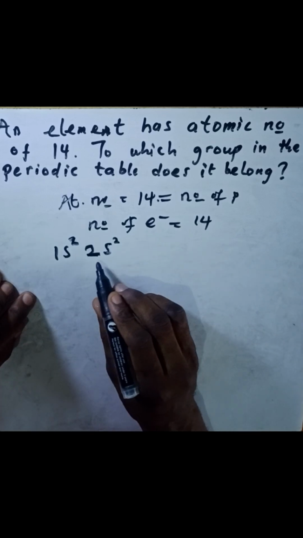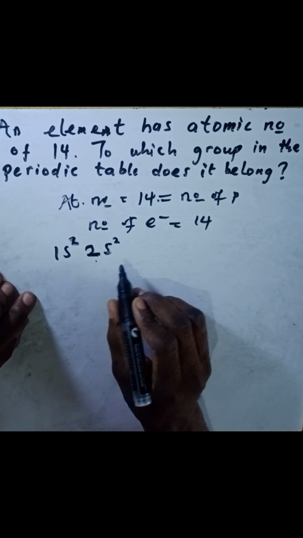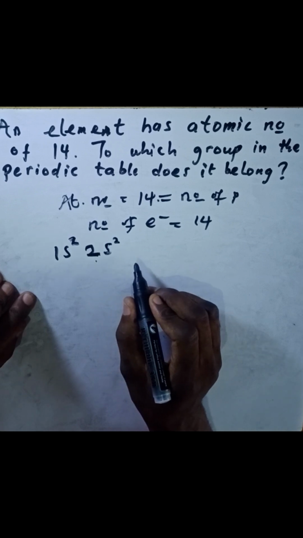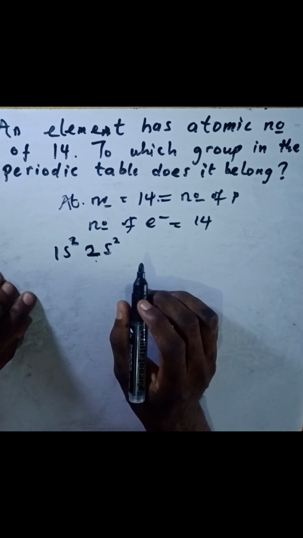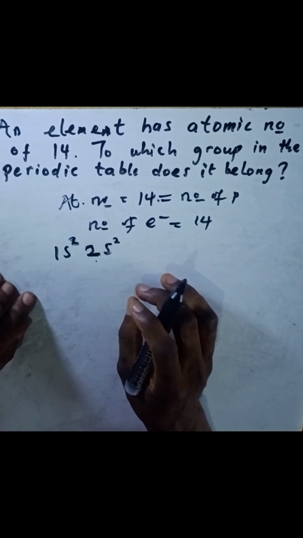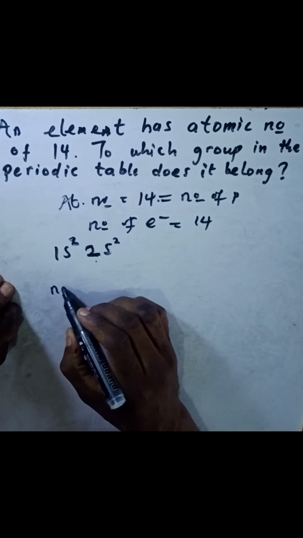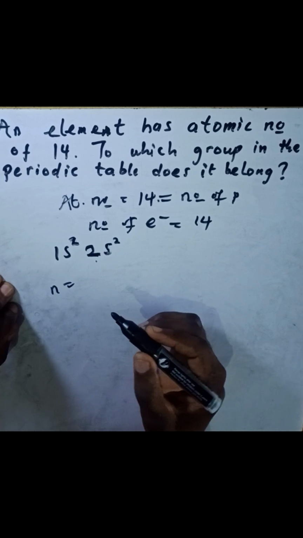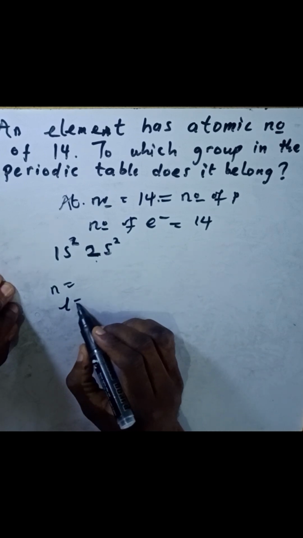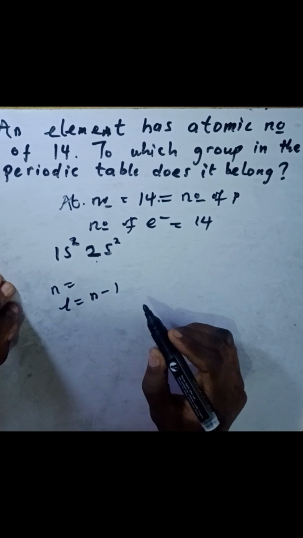In that same second energy level, where n equals 2, we have another orbital, which is the p orbital. The azimuthal quantum number explains this, in the sense that whenever you have a particular energy level, your azimuthal quantum number l ranges from 0 up to n minus 1.